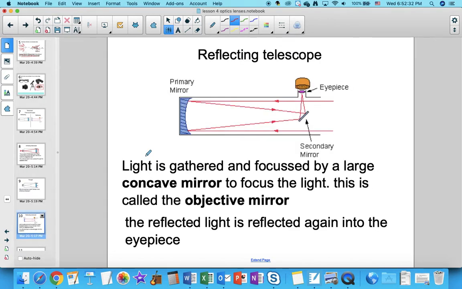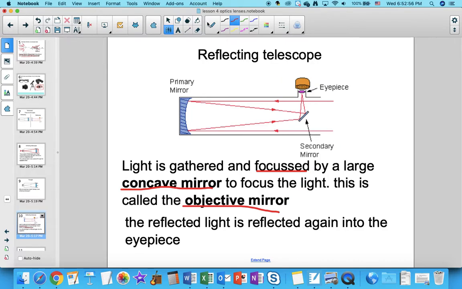A reflecting telescope. Well, light is gathered and focused by a large concave mirror, right? Because concave mirrors focus light, not concave lenses. Concave mirrors focus light. And this is called the objective mirror. The light is then reflected again into an eyepiece. Right?